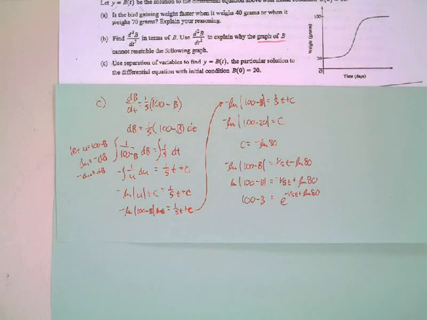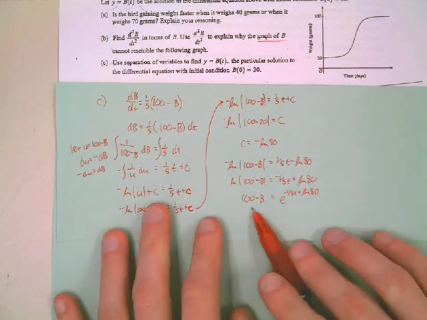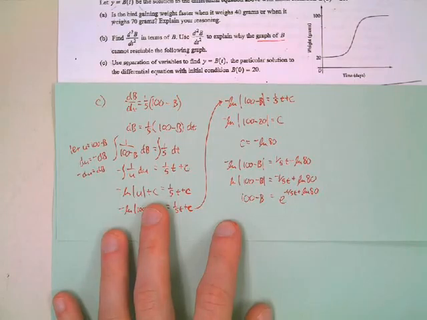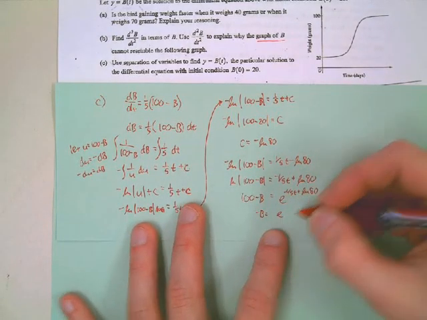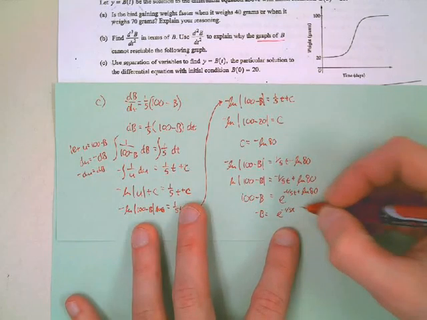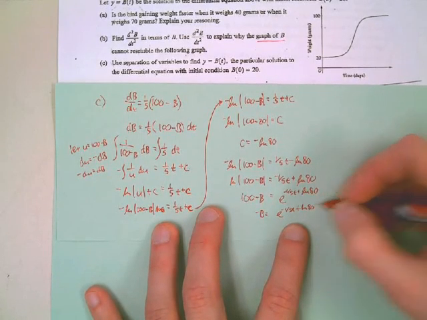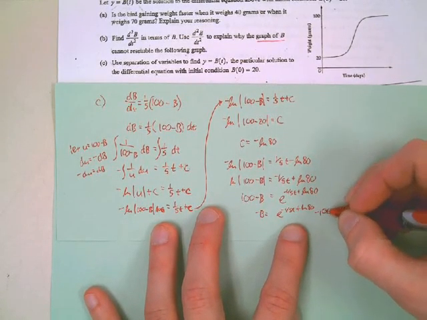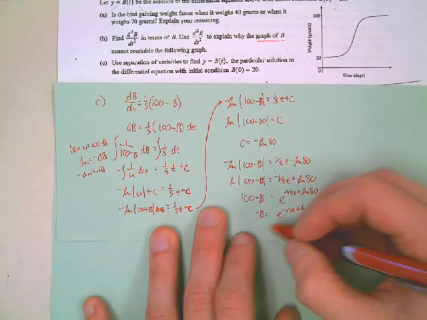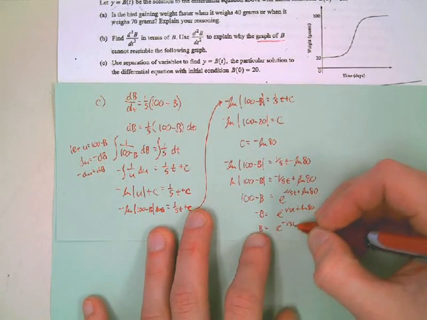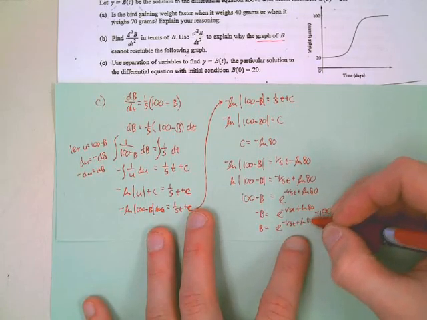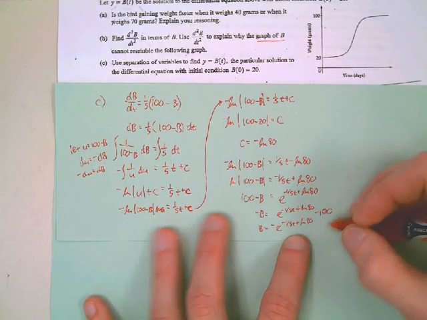So you get negative b equals e to the -1/5 t plus the natural log of 80 minus 100. We have to multiply both sides by -1. And so it becomes b equals negative e to the -1/5 t plus natural log of 80, plus 100. Like that.